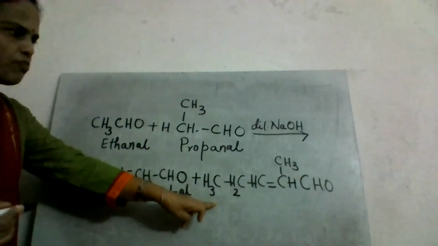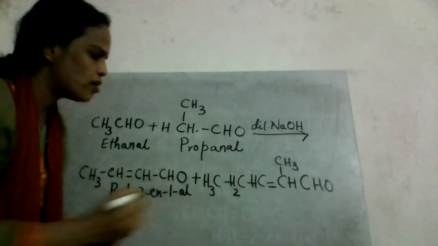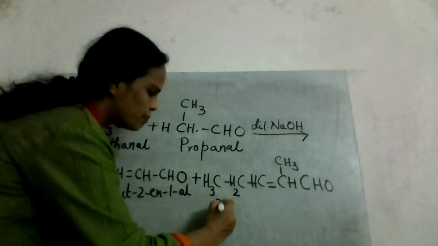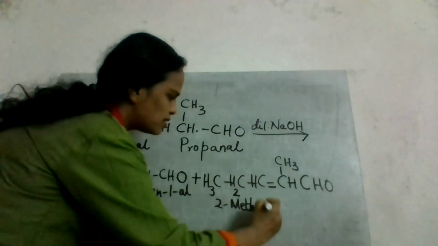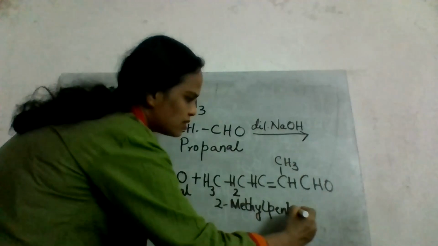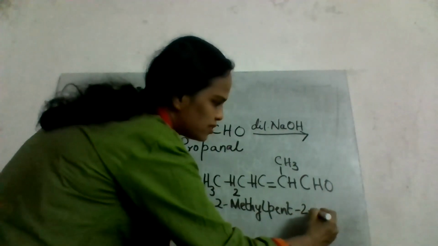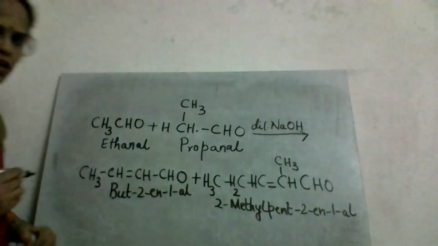So the name of this compound is 2-methyl, 1, 2, 3, 4, 5, pent-2-ene-1-al. This is the second product that is formed.